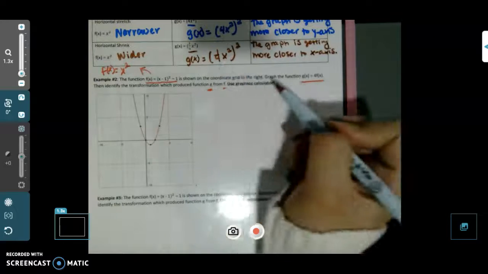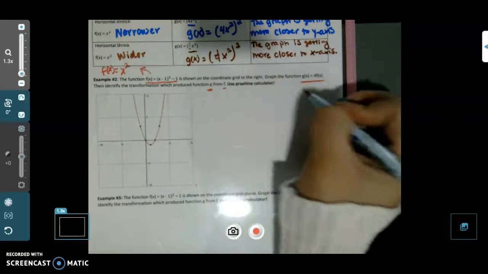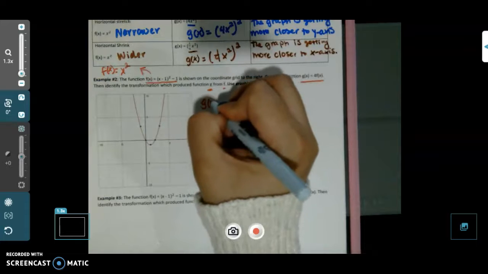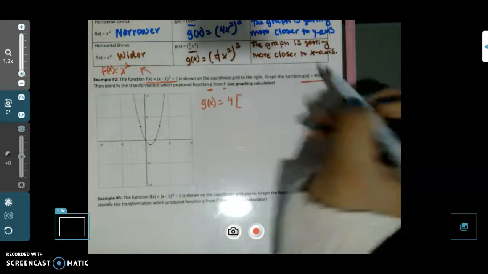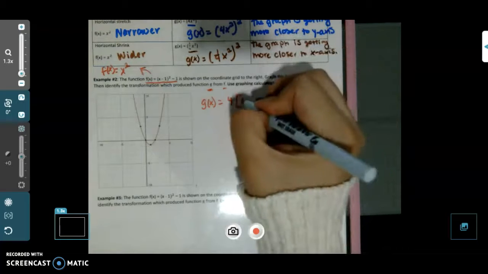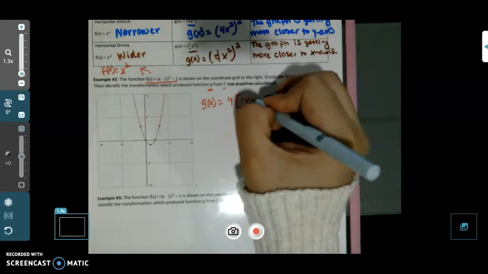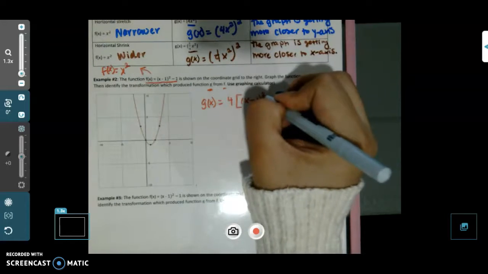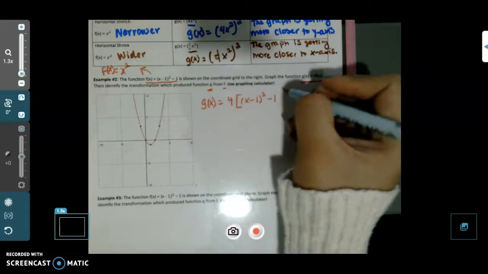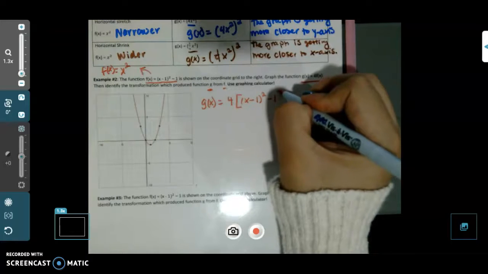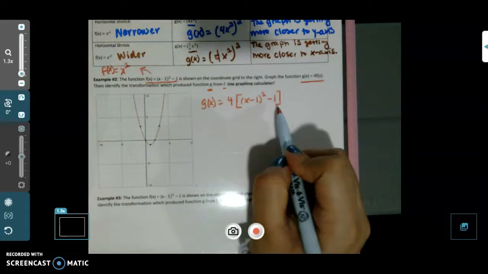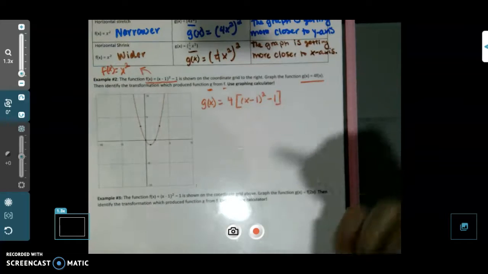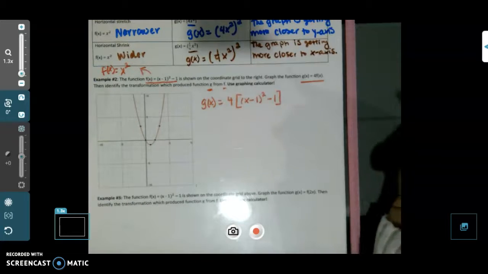So here we know that g of x is going to be 4 times, now you're going to draw brackets here because we got to put this in, parentheses x minus 1 to the power of 2 minus 1, bracket. Okay, now you guys can do this in the graphing calculator, but I'm going to do it the way where you actually can do it without it.